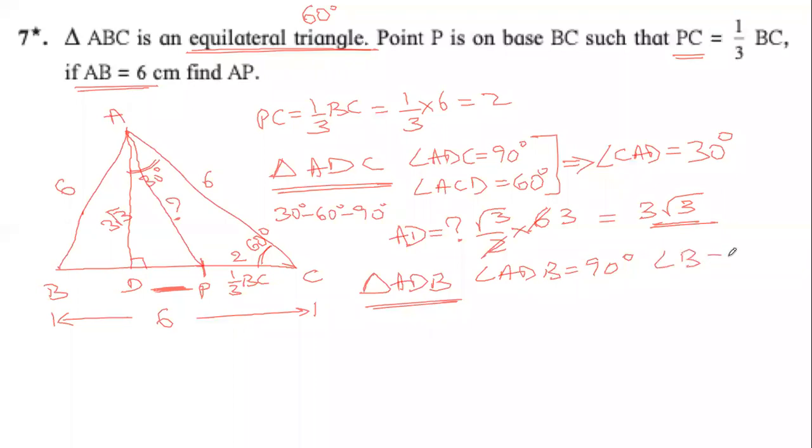Angle B equals 60 degrees. That means this angle, angle BAD, is also 30 degrees. So triangle ADB is also a 30, 60, 90 triangle.